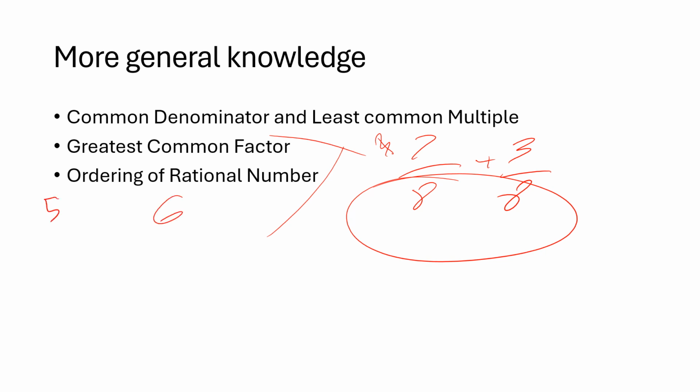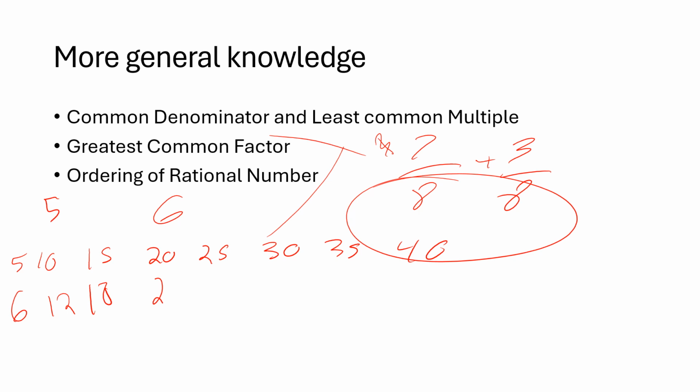Watch. So it goes 5, 10, 15, 20, 25, 30, 35, 40. Common multiples of 6: 6, 12, 18, 24, 30, 36, 42, and so on.